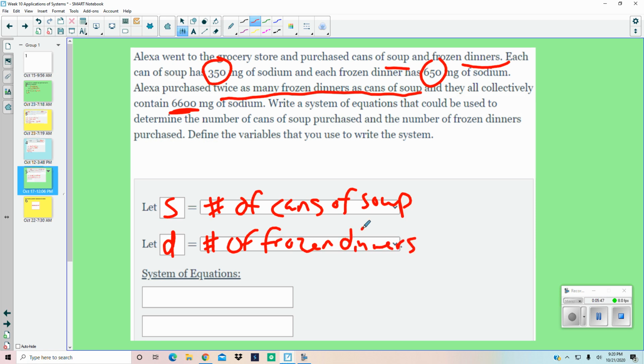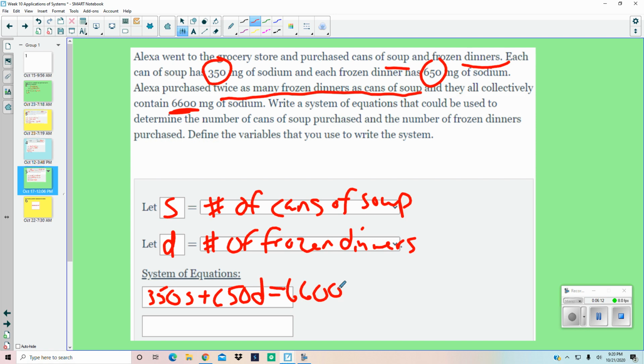And you're going to have a drop-down menu of choices. You don't have to come up with that. So I'm going to have 350 milligrams of sodium in soup, and I'm going to have 650 milligrams of sodium in a frozen dinner. My total is 6,600.